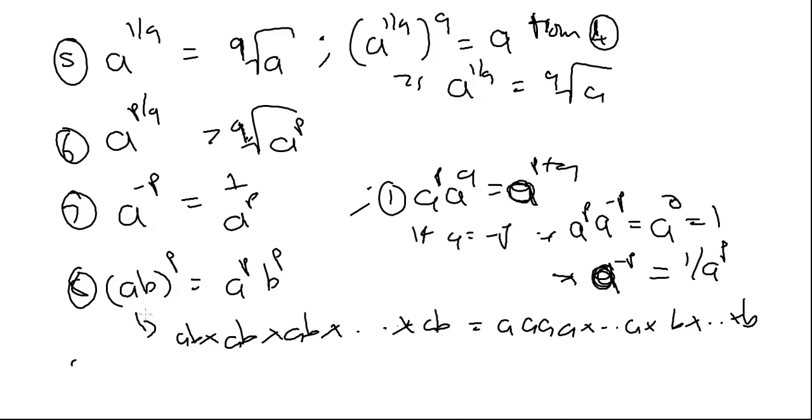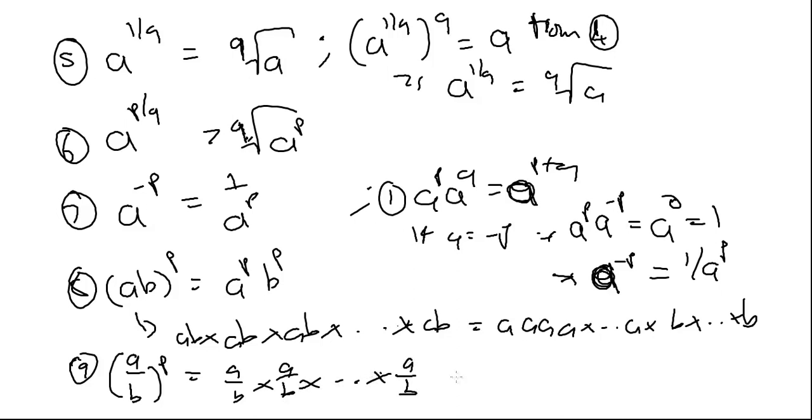And finally, we have a over b to the power p. So using exactly the same logic as what we did for rule number 8, that's just a over b multiplied by a over b multiplied by a over b, p times.